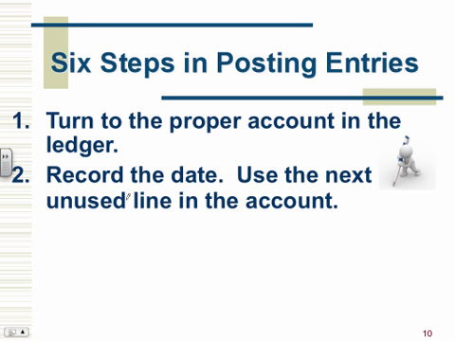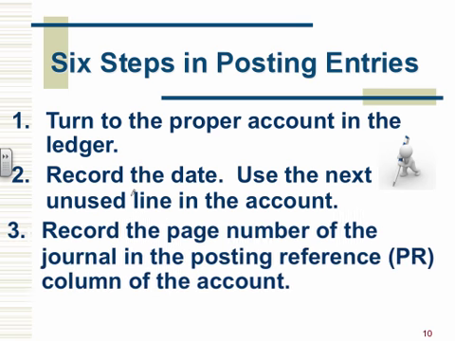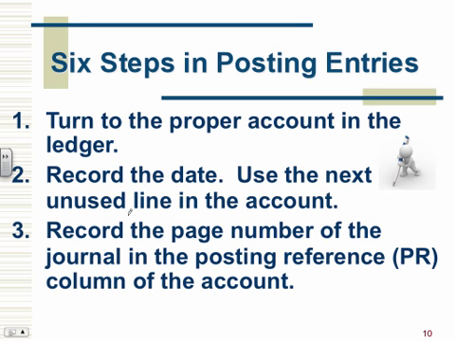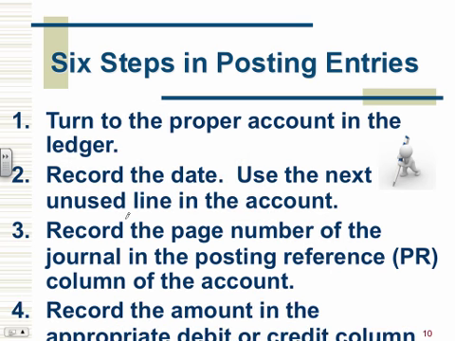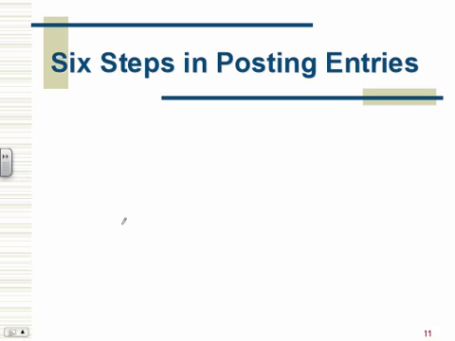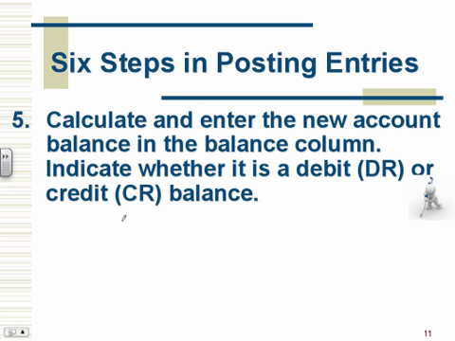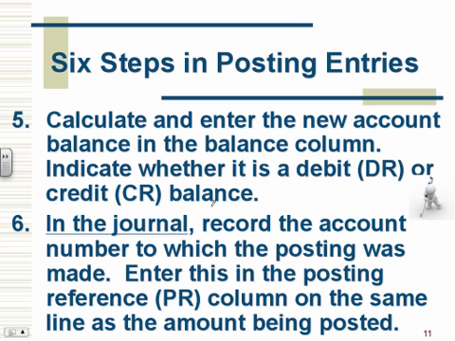Use the next unused line in the account. Number 3, record the page number of the journal in the posting reference column of the account. Number 4, record the amount in the appropriate debit or credit column. Number 5, calculate and enter the new account balance in the balance column and indicate whether this balance is a debit or a credit. And then finally, we're going to cross-reference.